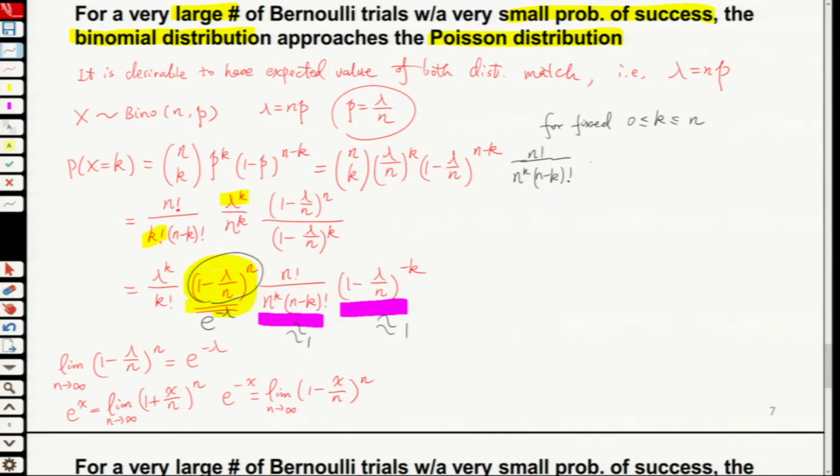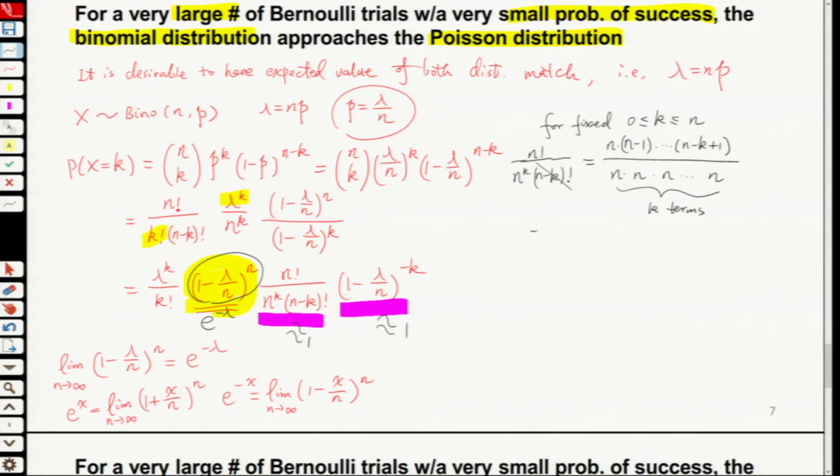So this is actually equal to n times (n minus 1) times until you have (n minus k plus 1), because you want to cancel part of it with (n minus k) factorial, right? So divided by n times n times n, k terms.